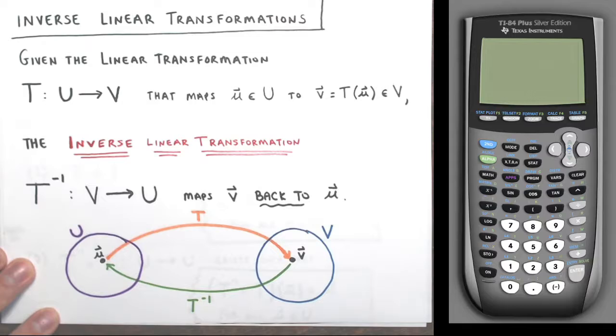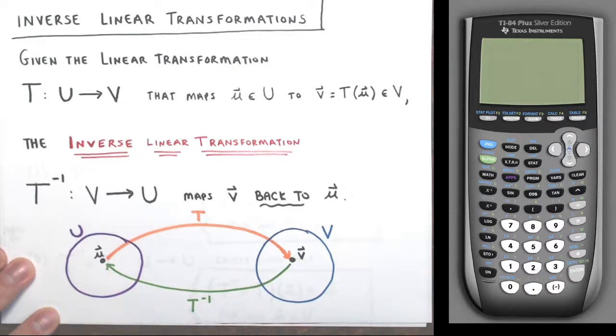I'm ending where I started, at vector u. So that's a composition, remember? When you plug something into one transformation and then into another one after that, that's called composition. So do you see that when you compose two inverses, you end up with what's called the identity transformation, where you just send a vector right back to itself.